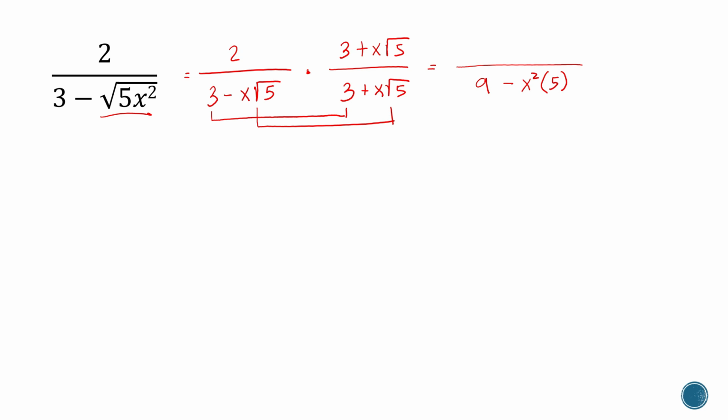In the numerator, distribute that. 2 times 3 is 6. 2 times the other one is 2 square root of 5. So the final answer is going to be 6 plus 2 square root of 5 over 9 minus 5. Can we simplify this any further? I think this is the final answer.